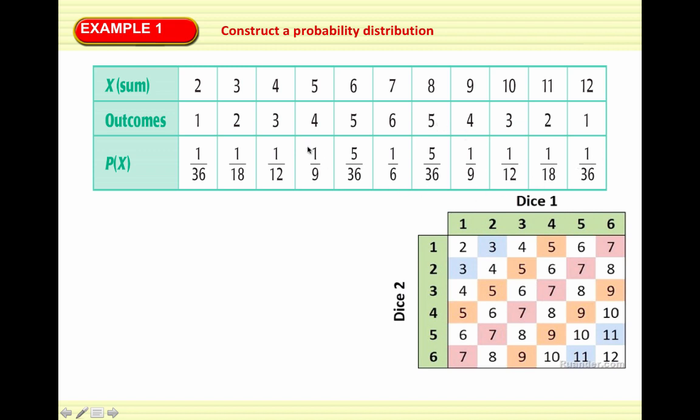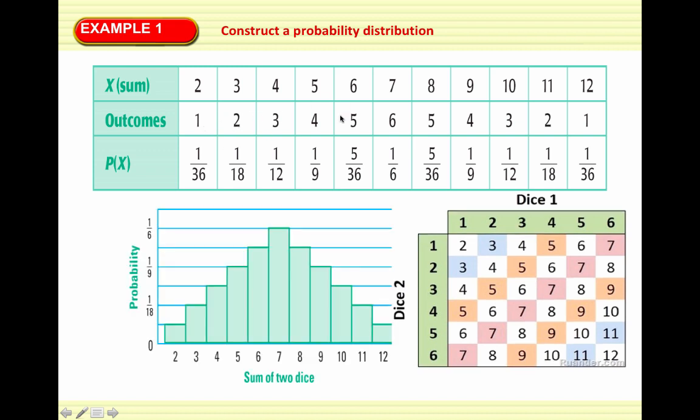Okay, so the next thing we are going to do is make a histogram. Now, for the histogram, you want to think through, all of these were done as number of outcomes out of 36. So that's going to be useful in deciding our vertical axis labels.